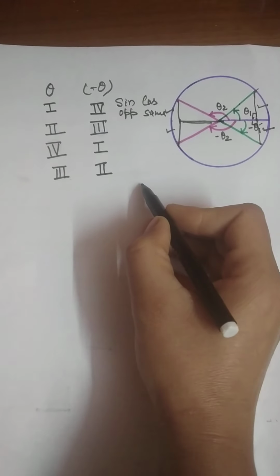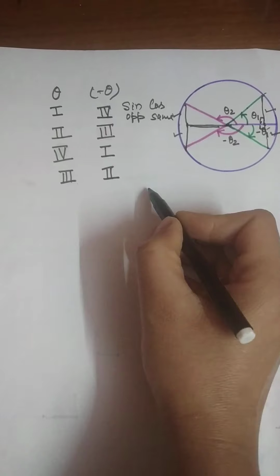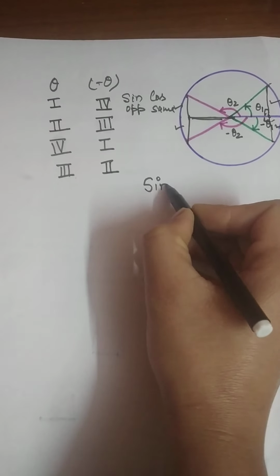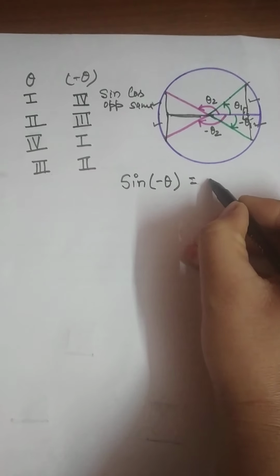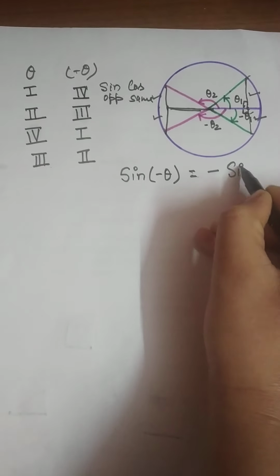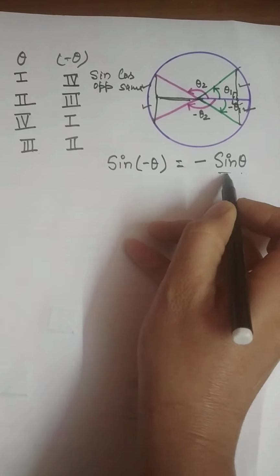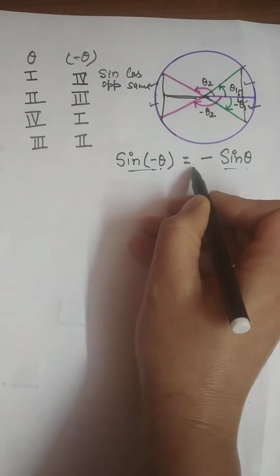So I suppose this is enough to sum up that sine of minus theta is equal to minus sine theta. Sine theta is not equal to sine of minus theta. They are not exactly equal.